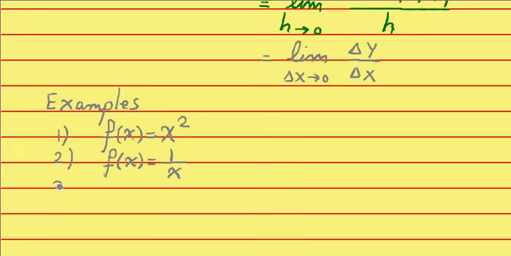A bit more involved perhaps is f of x is equal to radical x, say. Maybe I leave one of these things to you to do. F of x is equal to 1 over radical x.